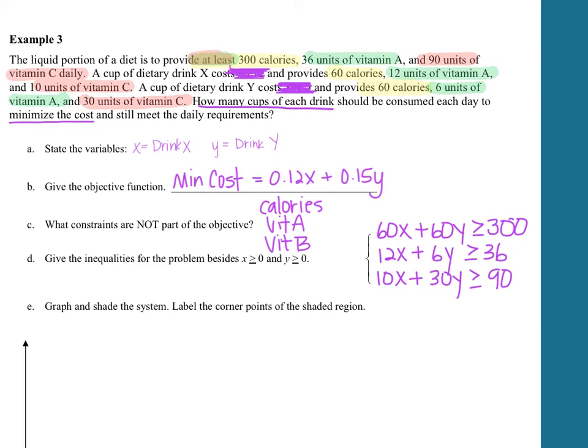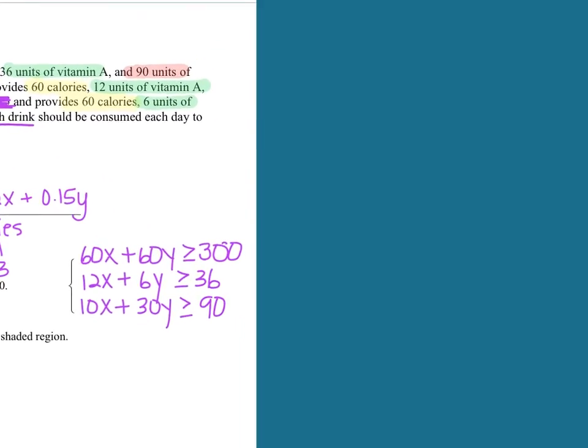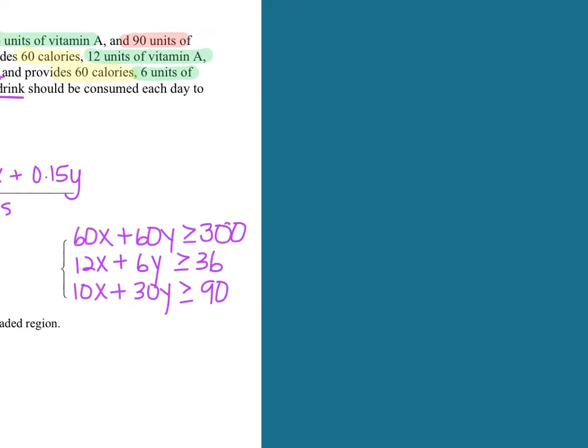Now the at least turning into greater than means all of this shading is going to be shaded up, shaded above. So let's figure out how we can draw these, and I will try and color code again.